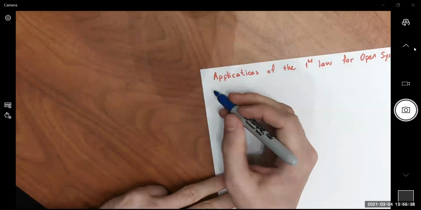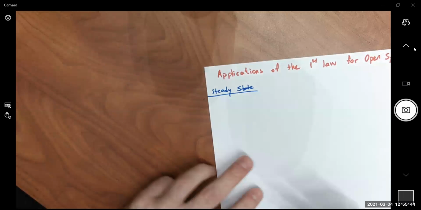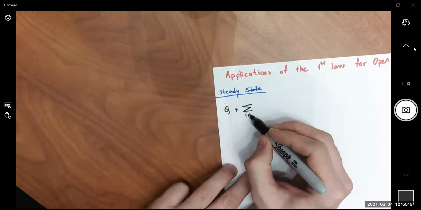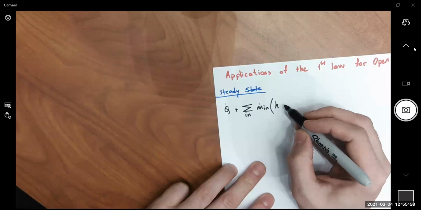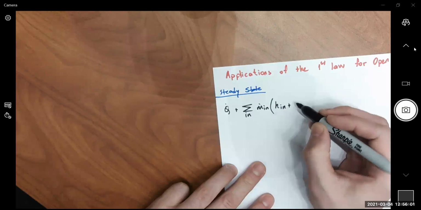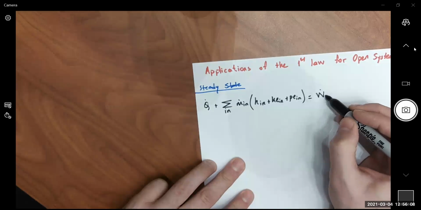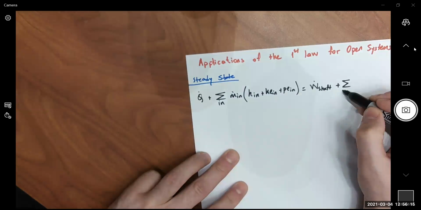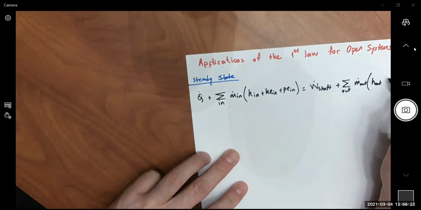Q at the inlet, plus the summation of mass flow rate at the inlet times enthalpy plus kinetic energy plus potential energy, equals shaft work plus the summation of mass flow rate at the exit, H out plus kinetic energy out plus potential energy out.